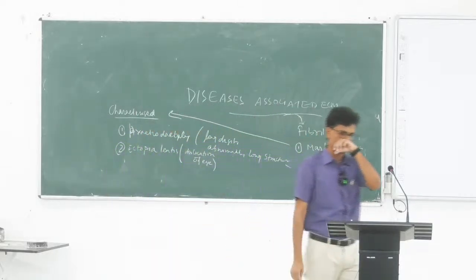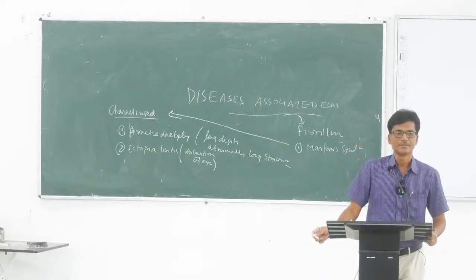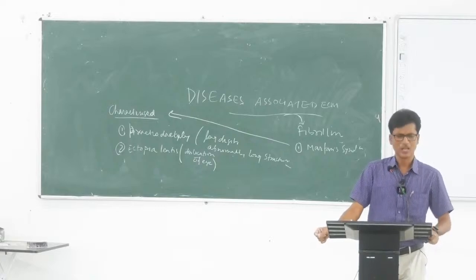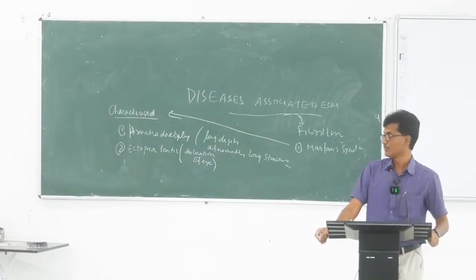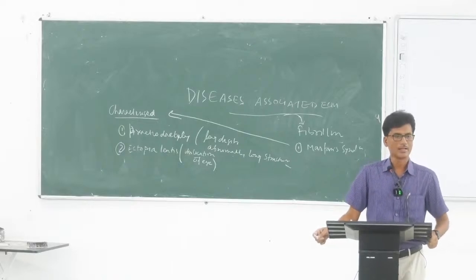That is dislocation of the eye lens. Next হচ্ছে hyperextensibility of the joints. Fourth characteristic of Marfan syndrome is aortic aneurysm.